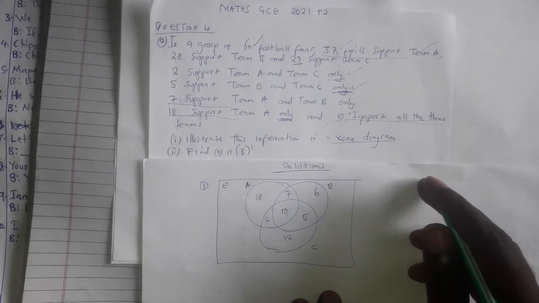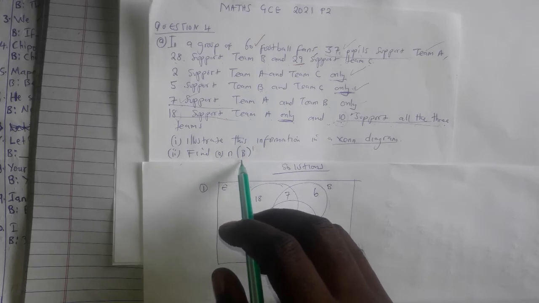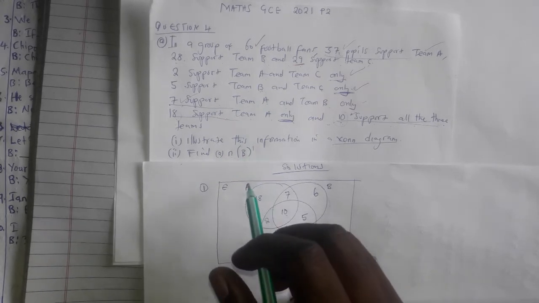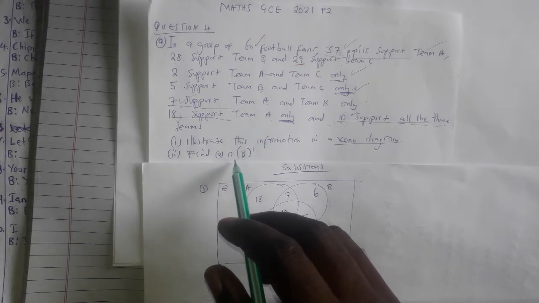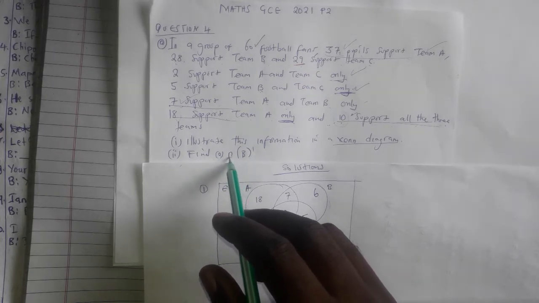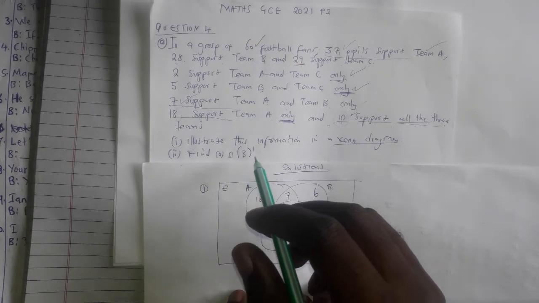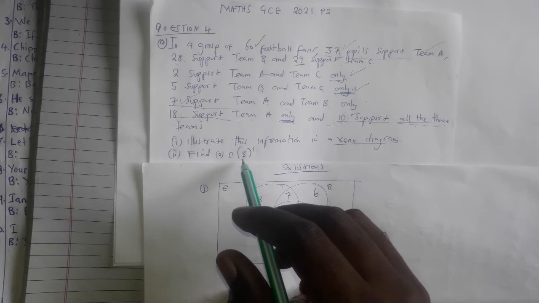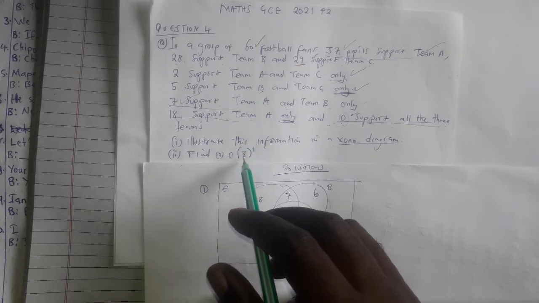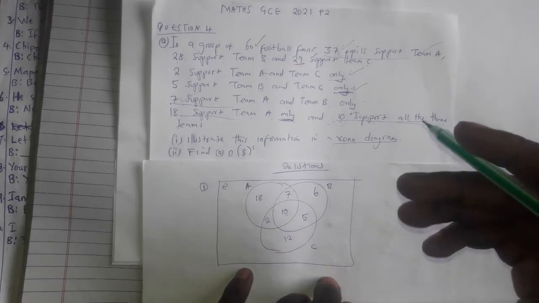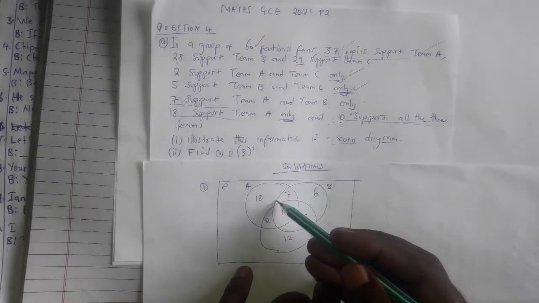The second part of the question is saying find n, in the brackets we have B complement. Now when the n is at the front of the set, it simply means numbers. So we are being asked to find the number of elements which are making the B complement. The B complement simply means those elements which are not part of the set B. So set B is here.